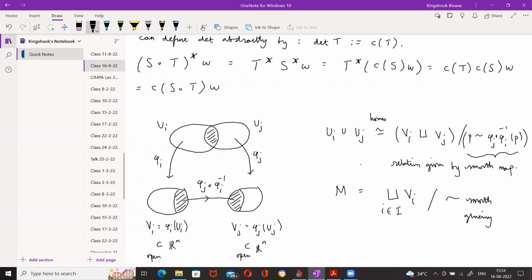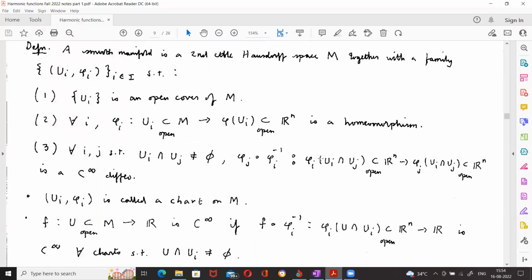That's what your smooth manifold is. What are you gluing them together by? These change of charts maps, phi j composed phi i inverse. So a manifold is given by gluing pieces of open subsets in Rn together by smooth maps, by smooth diffeomorphisms.